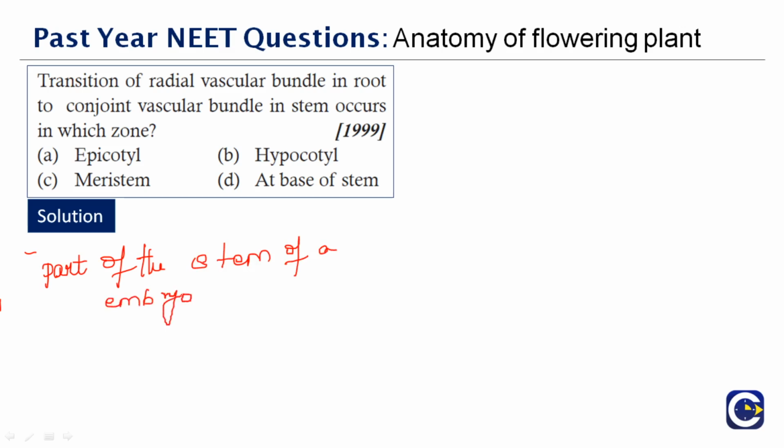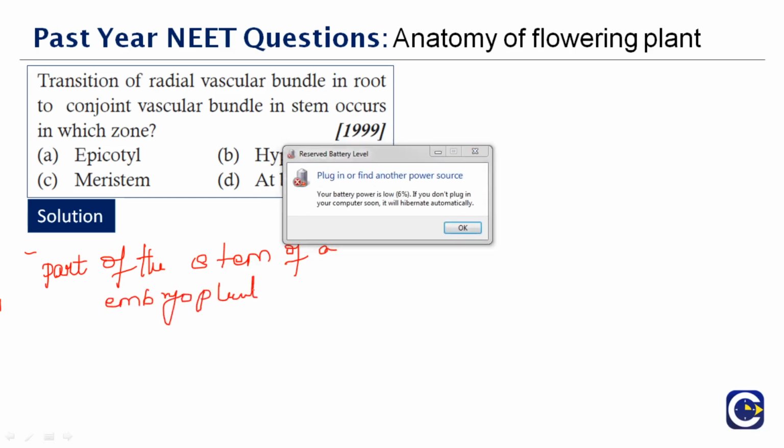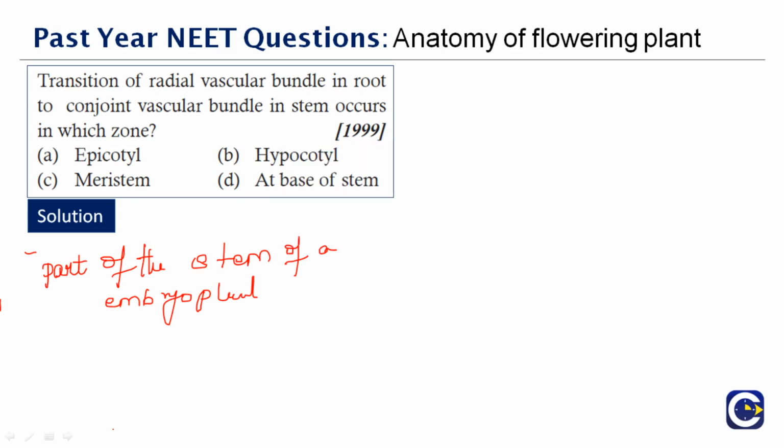It denotes the part of the embryo plant beneath the stalks of the seed leaves or cotyledons and directly above the root. So we are talking in terms of the embryo plant. This is about hypocotyl, and sometimes it is also called the hypocotyledonous stem, meaning below the seed leaf. That is the common meaning of hypocotyl.